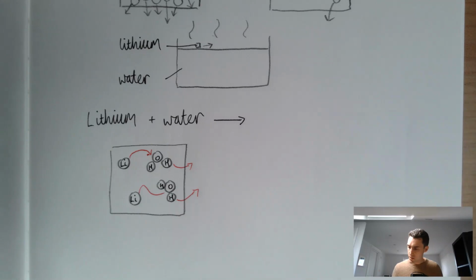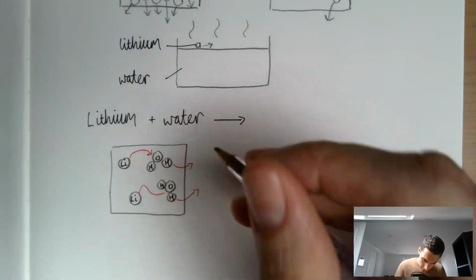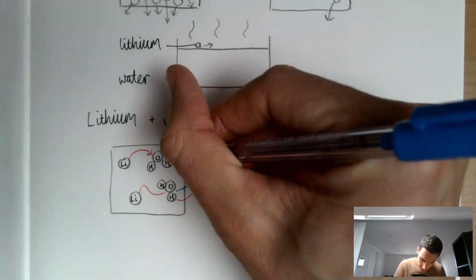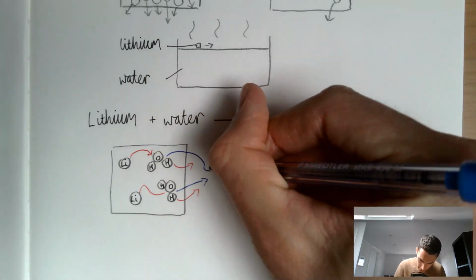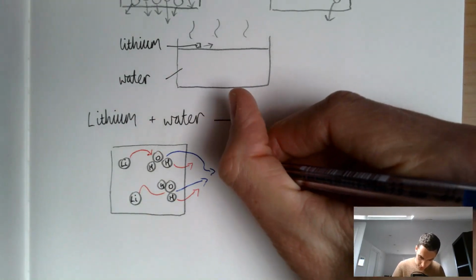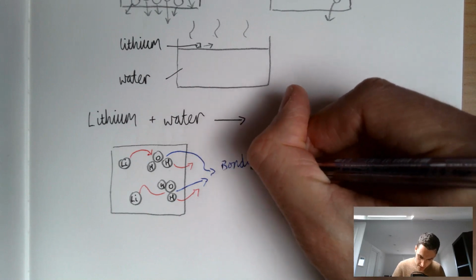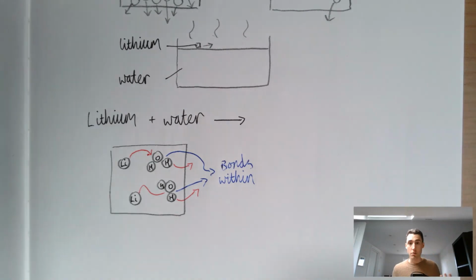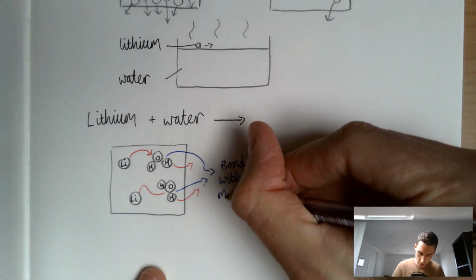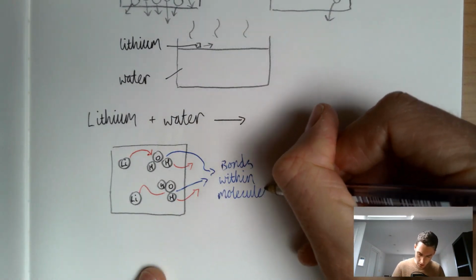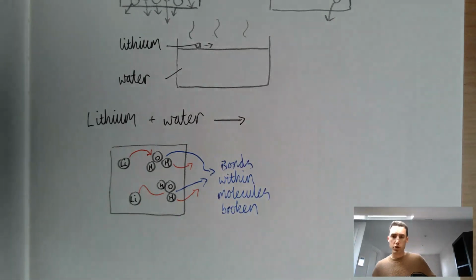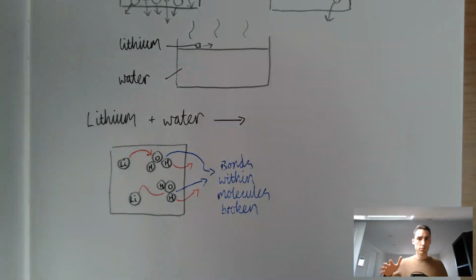And what we want to emphasize, and you might even want to add a label here, is that this bond and this bond, bonds within the molecules, and remember, molecules are really just particles, so bonds within molecules are broken.